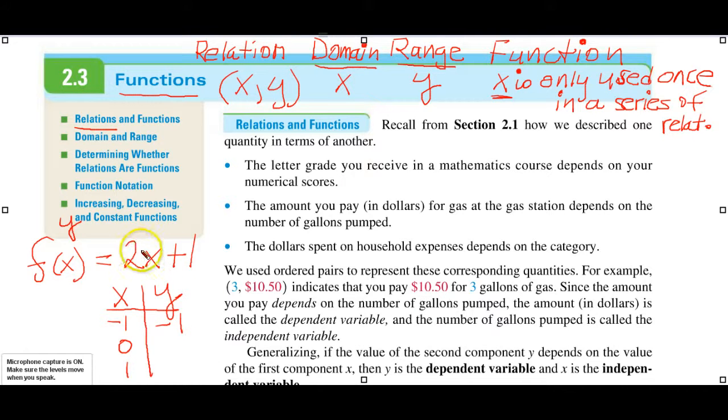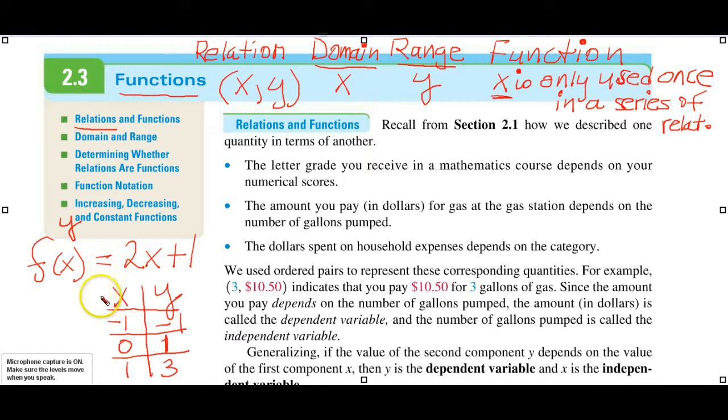Now if x is 0, 2 times 0 is 0, this gives me +1. Now if x is 1, 2 times 1 is 2, plus 1 is 3. So these are skills you may already know, but it's showing how functions work, and we have used these before.